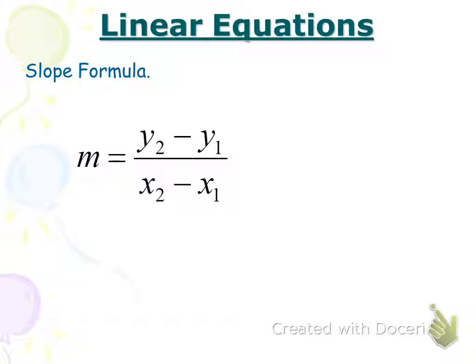So the slope formula to find the slope between 2 points is y2 minus y1 over x2 minus x1. That's the slope formula. You will need tomorrow and the next day to be able to calculate the slope between 2 points in order to write equations of lines, to graph equations of lines, etc. So this slope formula is going to be a big concept.